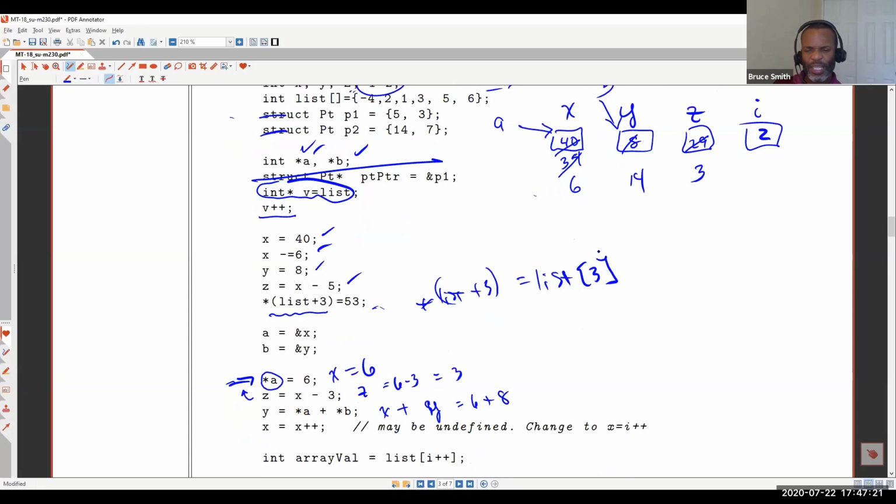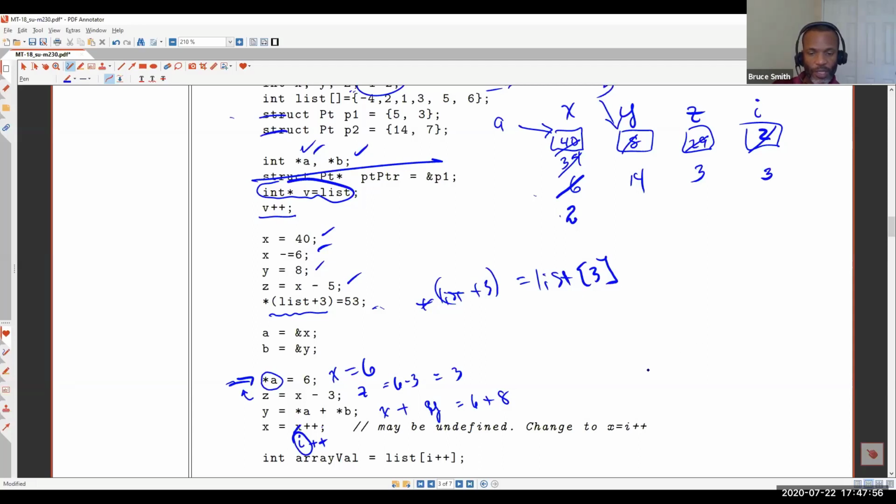And then this one, x equals x plus plus, this I didn't like, but what I wanted to do was change this so that x equals the current value of i. So when x gets reassigned to the current value of i, x should have changed. Ideally, we want x to change to a 2, and after usage, i would then become a 3.